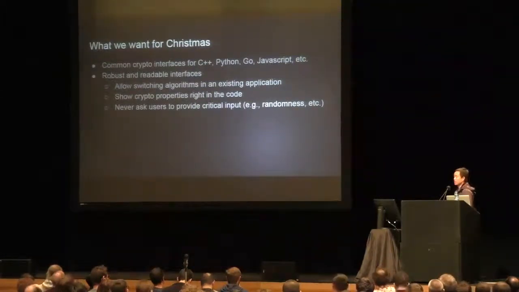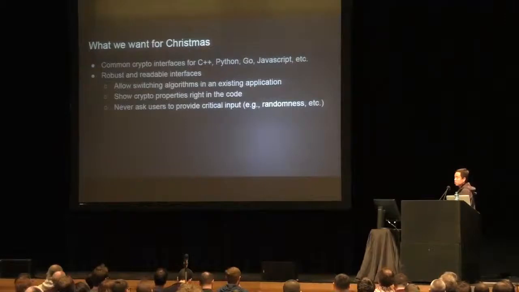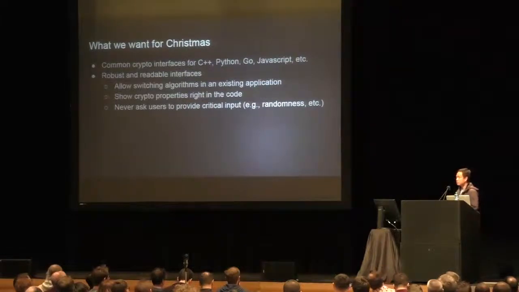Another problem that we saw is that we would like to see the crypto community develop common crypto interfaces for C++, Python, Go, or JavaScript. We have something for Java, which is the Java Cryptography Architecture, but we don't have anything for these languages, and it's very hard for us to write tests without a common crypto interface.